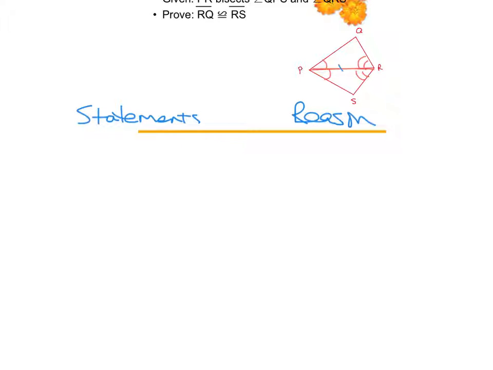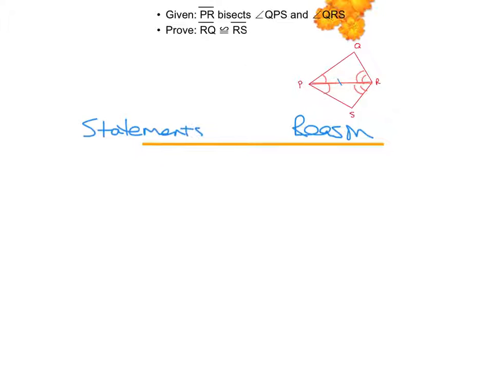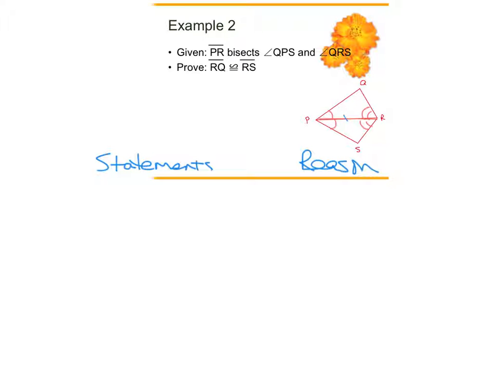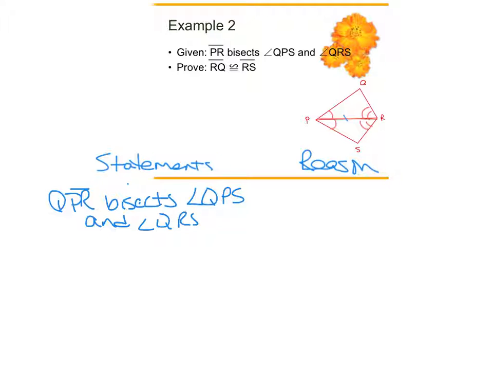Reasons. So again, I'm going to start doing all of my given. So I'm going to state that PR bisects angles QPS and QRS, and that is given.